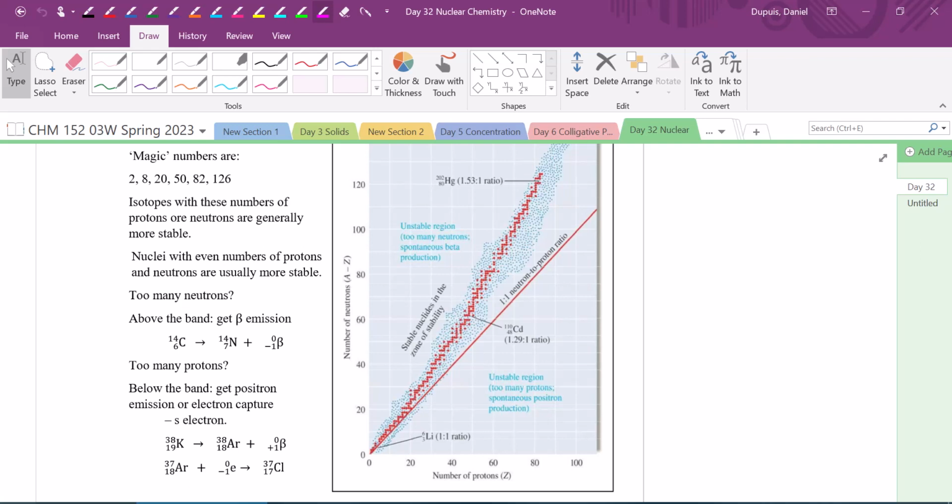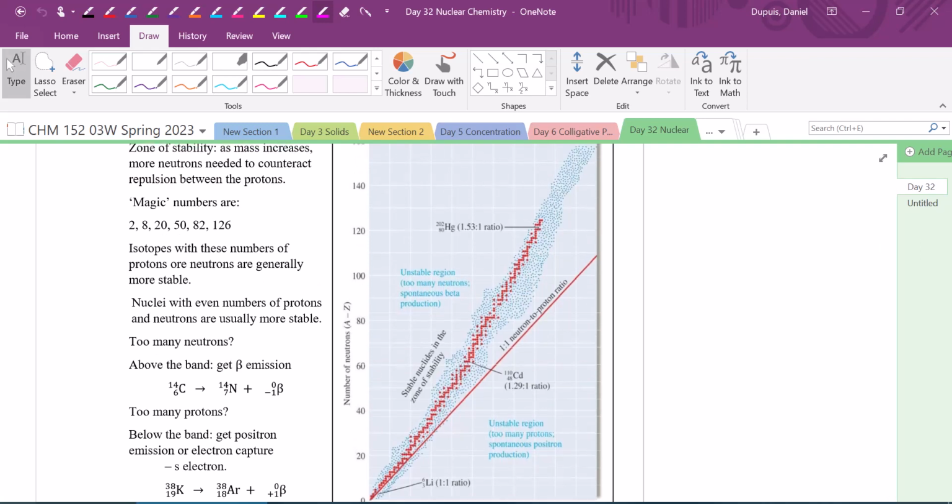We're either losing an electron or we are losing a positive electron. Now there are some magic numbers, and those are particularly stable isotopes: helium, oxygen, and calcium. These are nice.